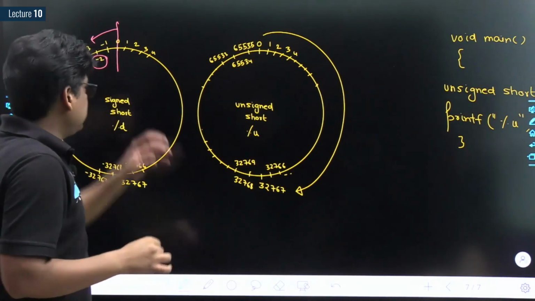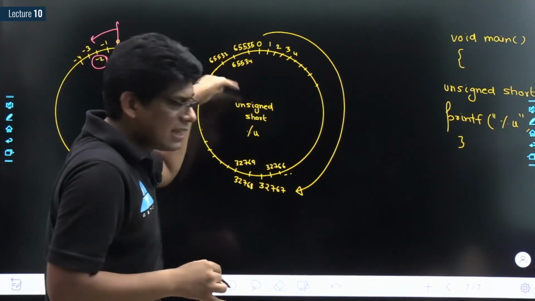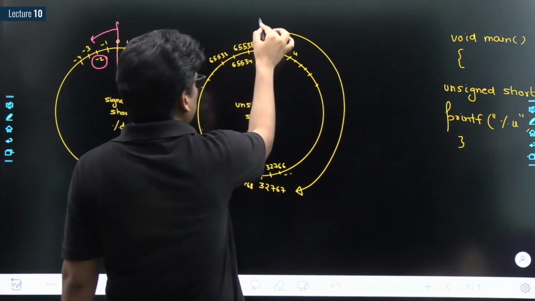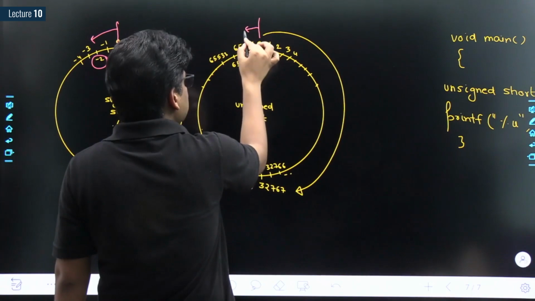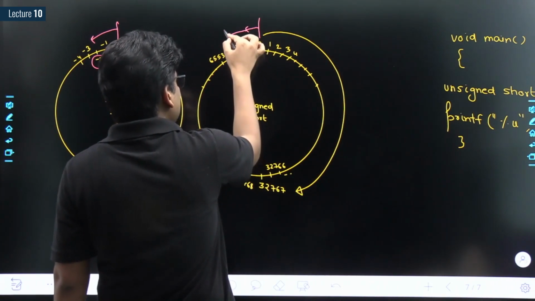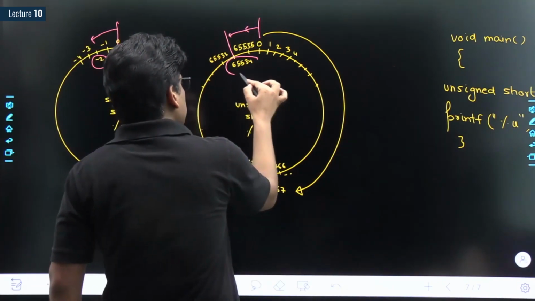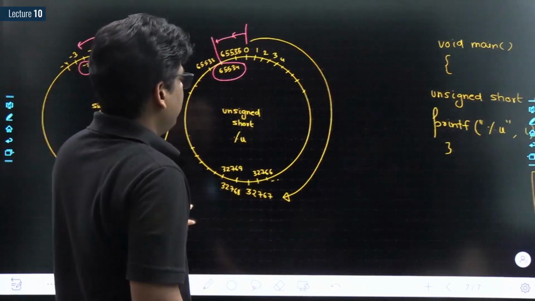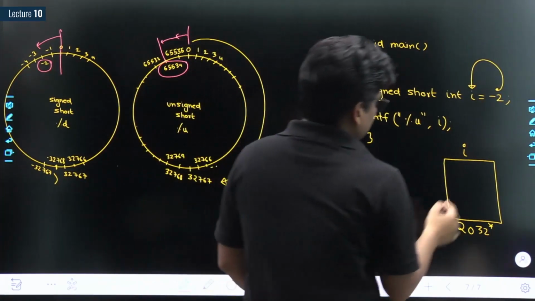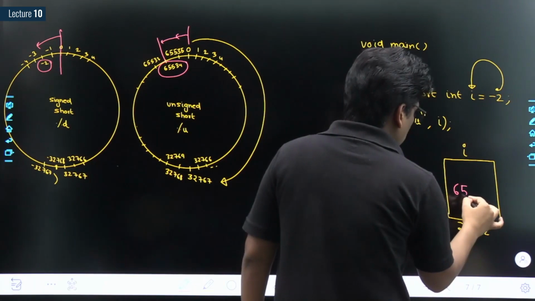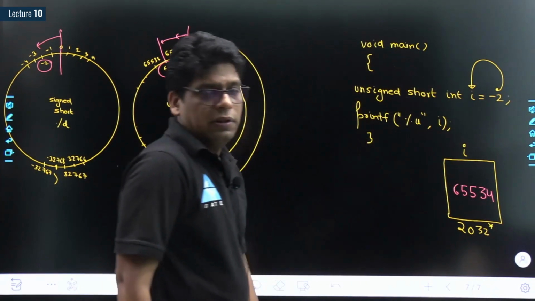Sir, instead of moving inside this circle, as our variable type is unsigned short, we will do the same thing here. Move 2 positions. First position we will get 65535. And second position, instead of minus 2, what will be stored? Sir, it is 65534. That means the value stored inside i is 65534.